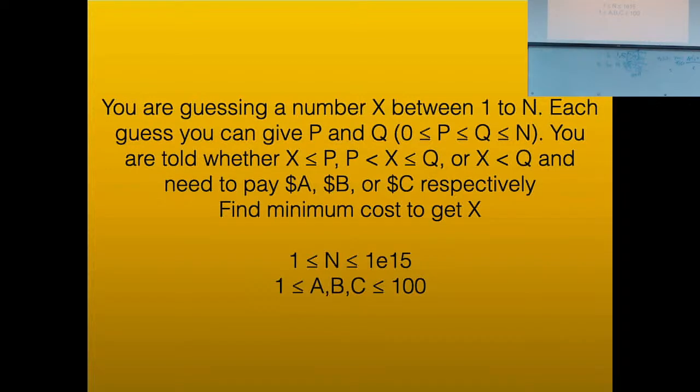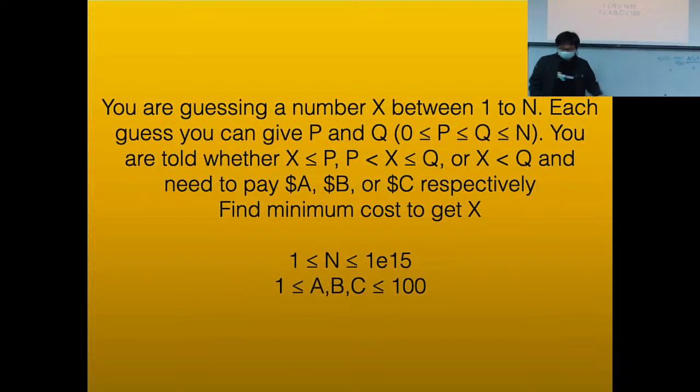For every guess, you are told which of the 3 ranges it is in: from 1 to p, from p to q, or from q to n. You need to pay respectively a, b, c. The input is just n, a, b, c. Find the minimum cost to guess the number.